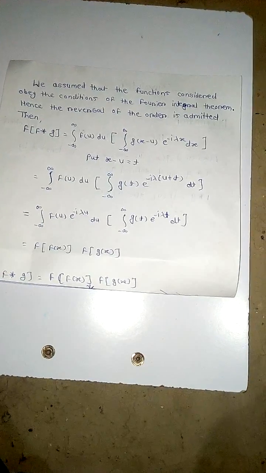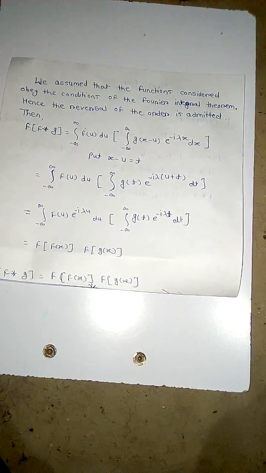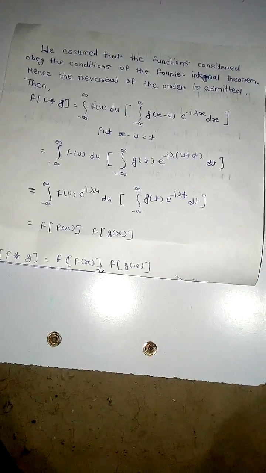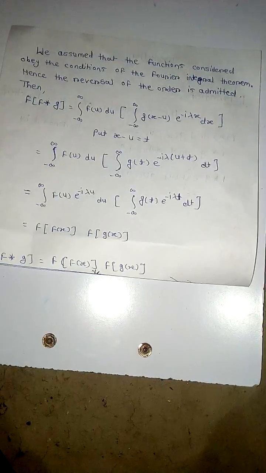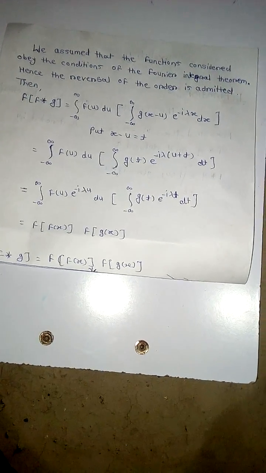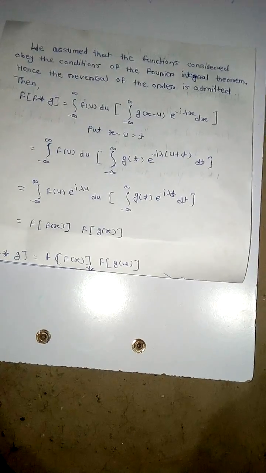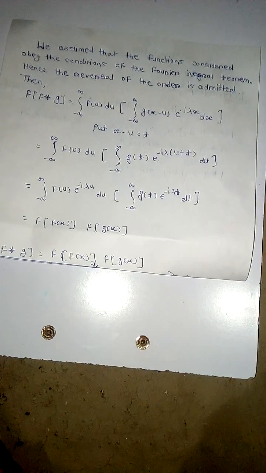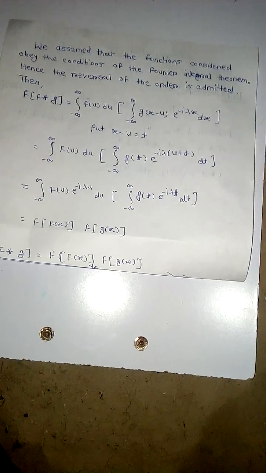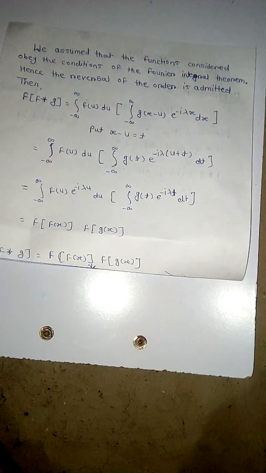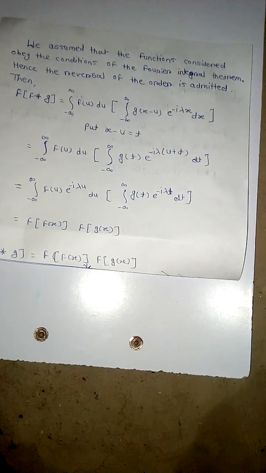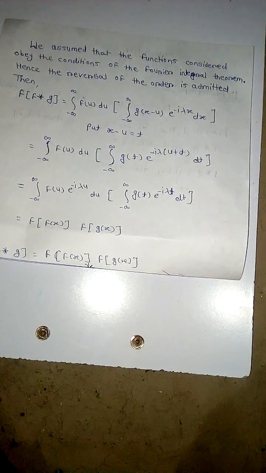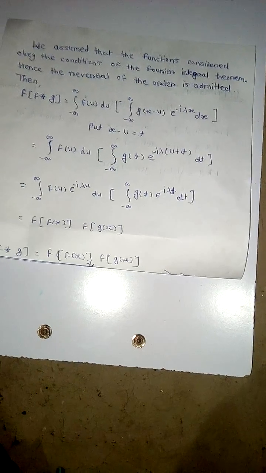This gives the integration of f(u) du, times the integration from minus infinity to infinity of g(t) times e to the power minus i lambda (u plus t) dt.